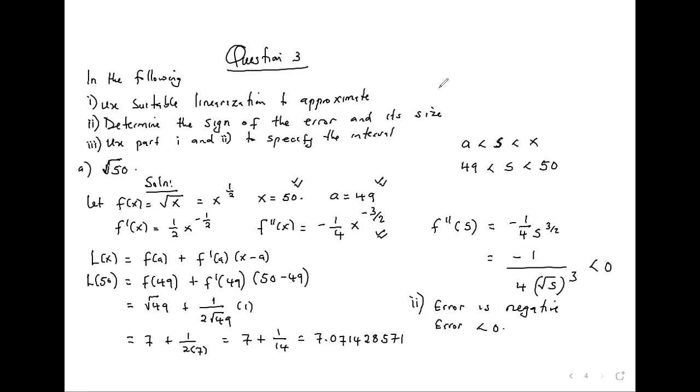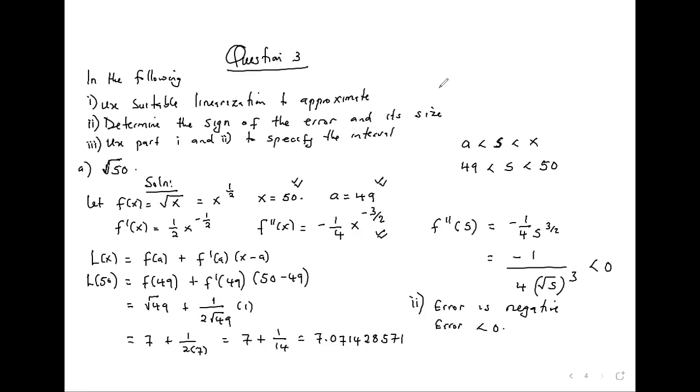Then now I go to the second derivative. The second derivative, I want to use it to find the sign of the error. So if the second derivative on the interval a to x, a is the number that you pick that is closer to 50, whose root you know, x is the actual number.